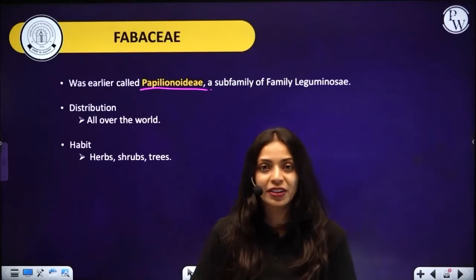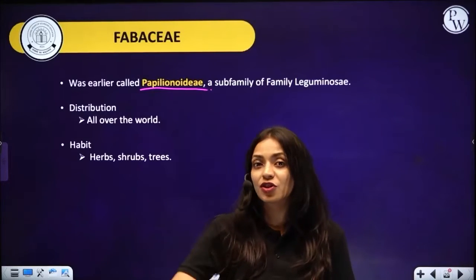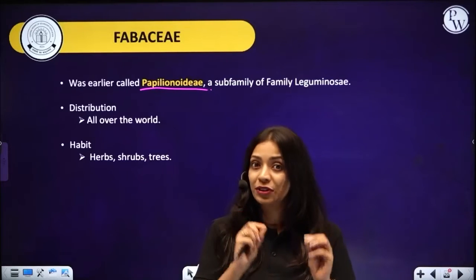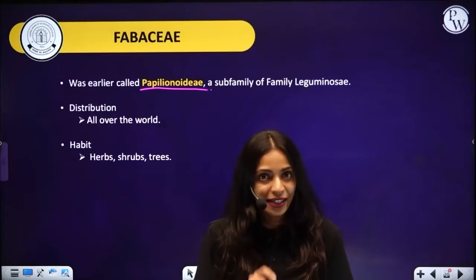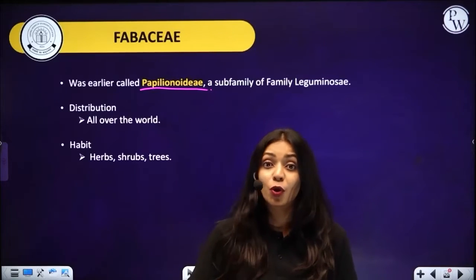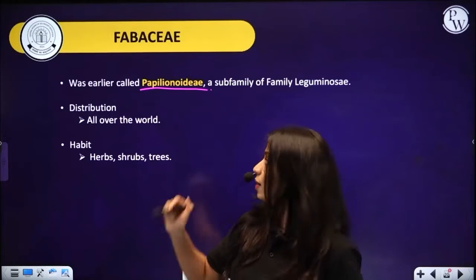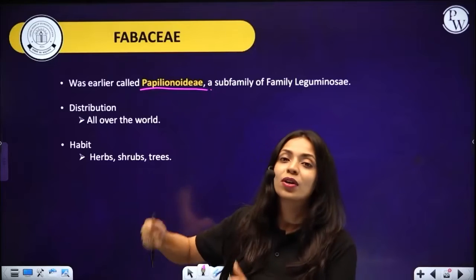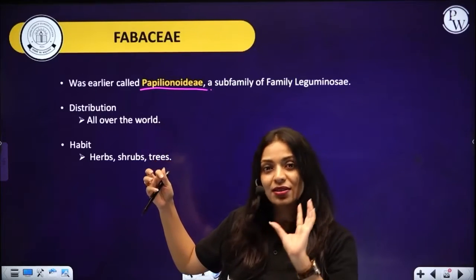When I spoke about that, I told you that that type of aestivation is specifically found in the pea family, and the petals of that kind of flower with that aestivation will look butterfly-like. So there I mentioned that it is also called Papilionaceous corolla. So Papilionoideae means butterfly-like because flowers of this family, the petals are butterfly-like.